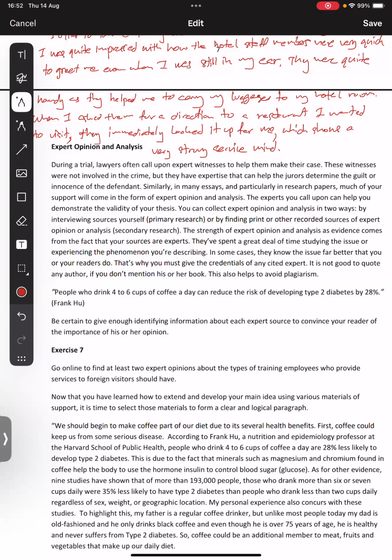Now, if I'm confusing you with my example, you can think of expert opinion as a situation at a courtroom. Imagine a courtroom.